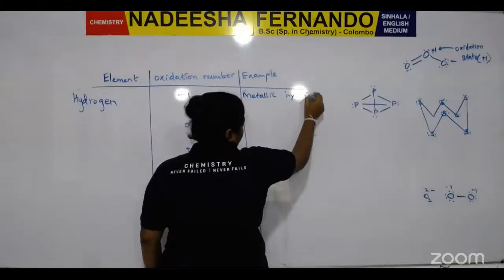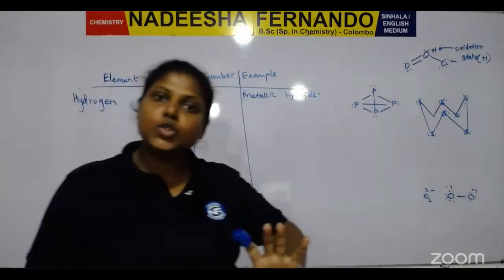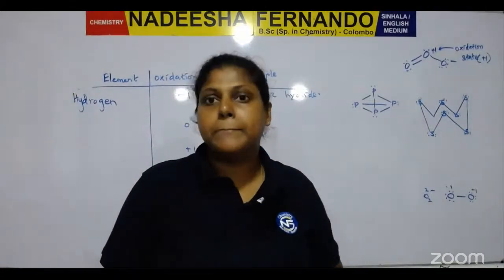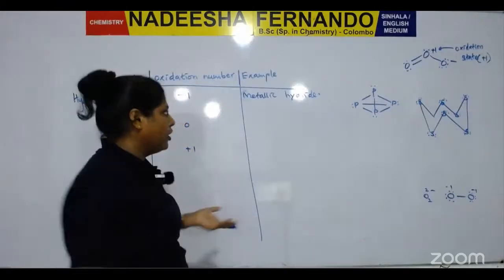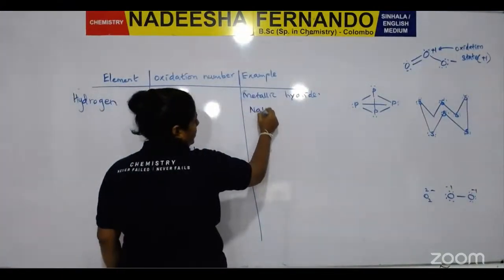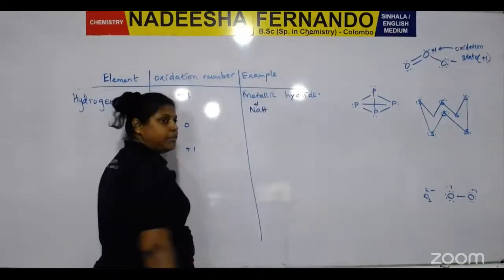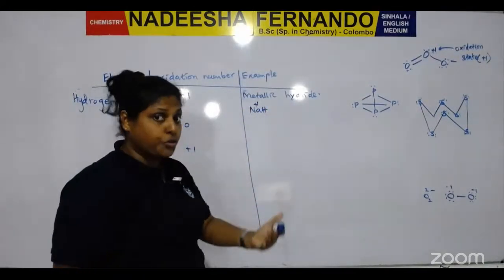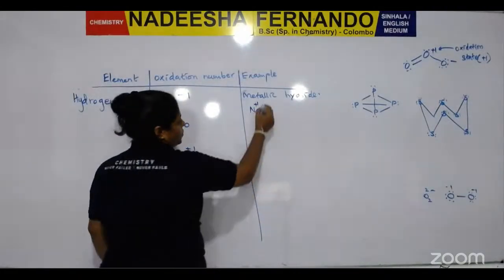Because I explained that to you, there's no negative charges with the metals. Metals always form plus. Therefore, when sodium combined with hydrogen, sodium always takes +1 because it belongs to first group. Therefore, hydrogen should take -1.